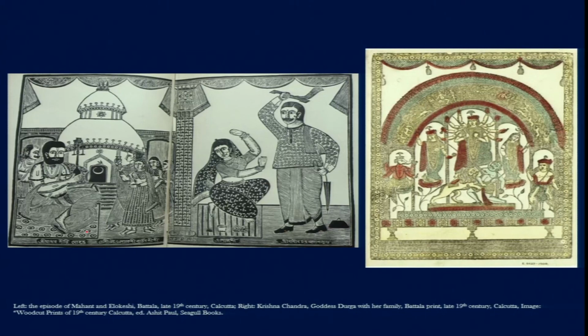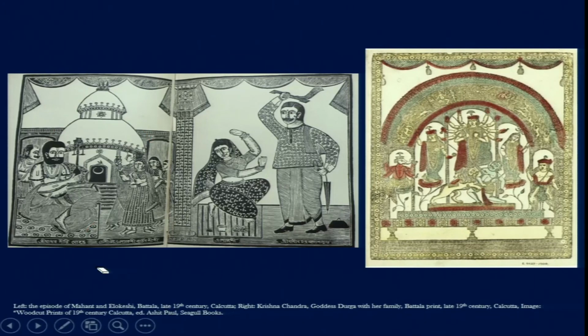Here we see almost like a pillar in the middle that makes a division between the earlier part of the story and the later half of the story. We can also see this typical Chala type Bengali temple, the architecture of the Bengali temple, shown here to give specificity to this story.